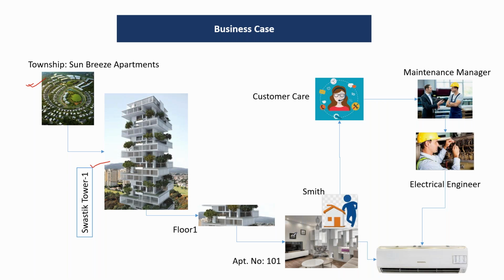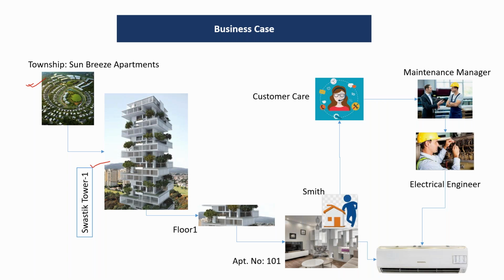So this is basically master data here. That particular apartment is a particular location that I'm indicating in my system, and this apartment may have different equipment mounted.